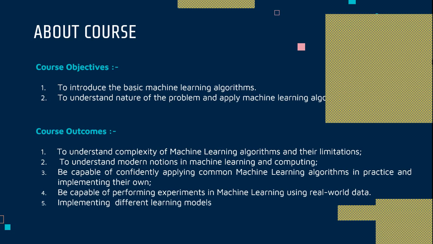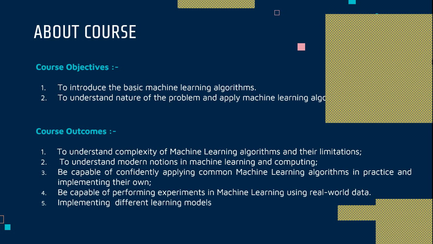Once you complete this course, you are able to understand the complexity of machine learning algorithms and their limitations, right? Yes, sir. Every algorithm has its own limitations. There are supervised machine learning algorithms, unsupervised machine learning algorithms, so there are different types of machine learning algorithms, but each algorithm has its own limitations and advantages.